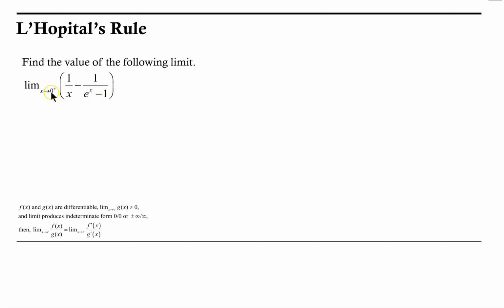Now as x approaches 0 from above, 1 over x will approach infinity. Now we're subtracting 1 over e to the x minus 1. As x approaches 0 from above, e to the x will approach e to the 0. e to the 0 is 1, and so this denominator will approach 1 minus 1.